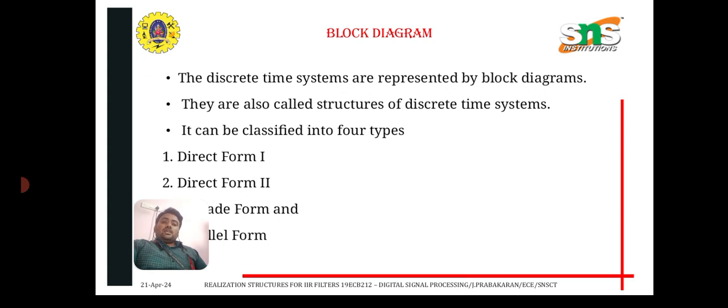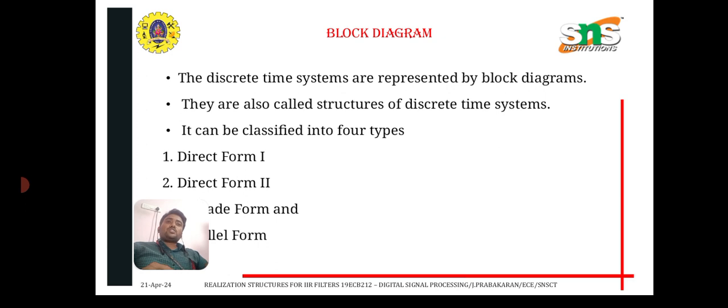Actually, the realization structures for IIR filter are classified into four types: direct form 1, direct form 2, the cascade, and parallel form. In direct form 1, the filter is implemented using the difference equation directly.